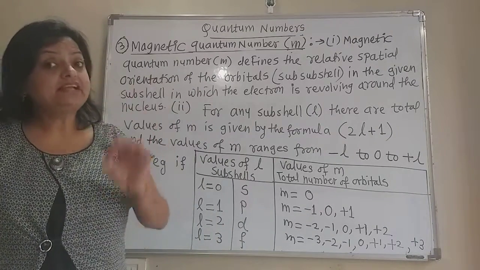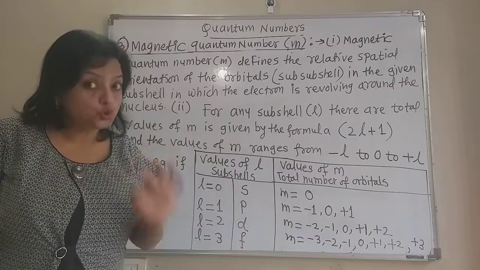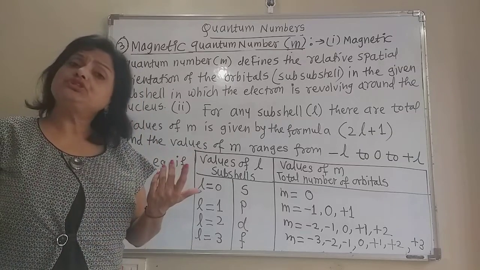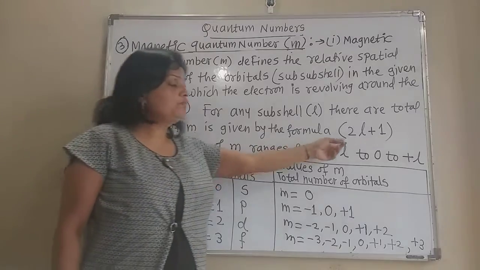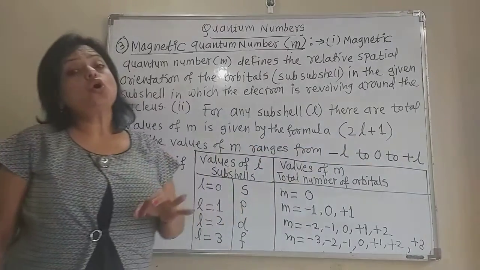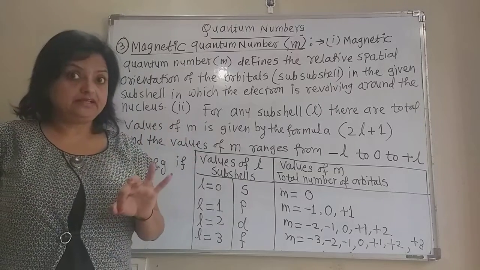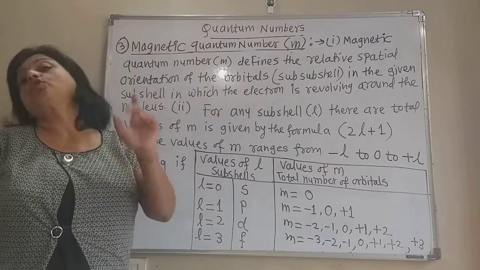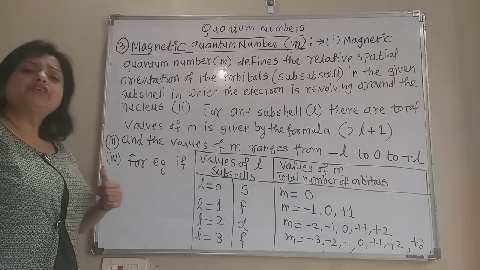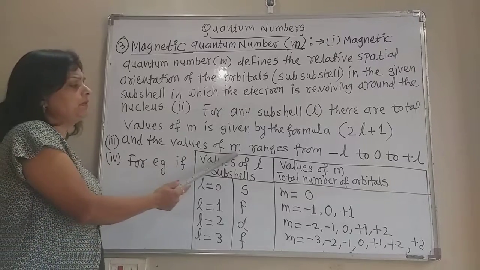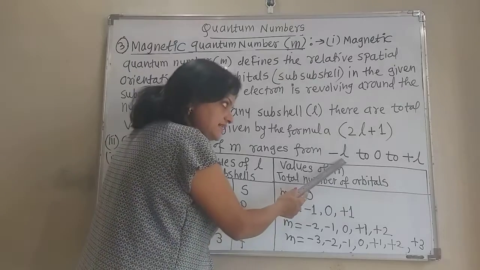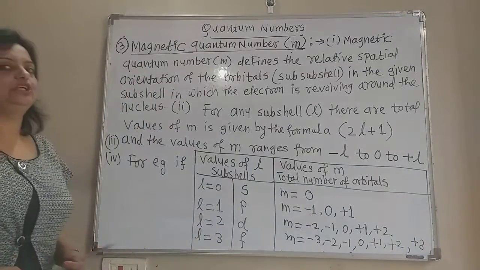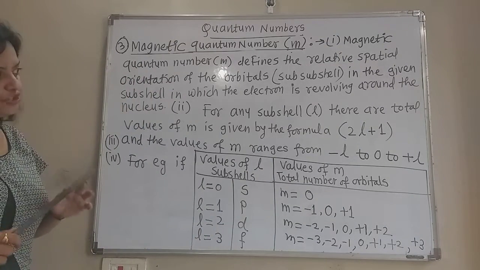If L is equal to 3, then 3 multiplied by 2 is 6, plus 1, that is 7 orbitals. Now, the values of the magnetic quantum number m range from minus L to 0 and 0 to plus L.